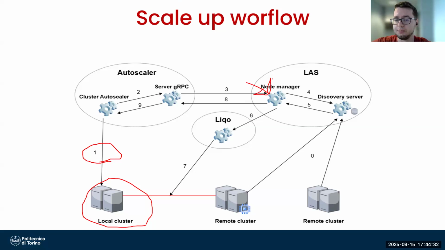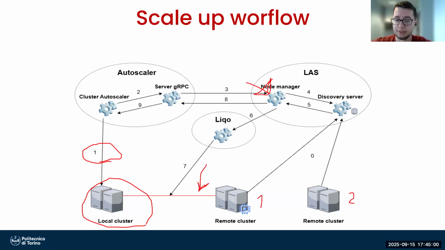to have another node with a GPU, so with particular resources. The node manager queries the discovery server, receives the info about the remote clusters, in this case remote cluster 1 and remote cluster 2, chooses remote cluster 1 because it has a GPU, and leverages Liqo to create the peering.